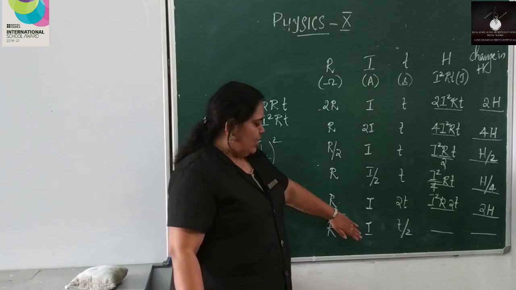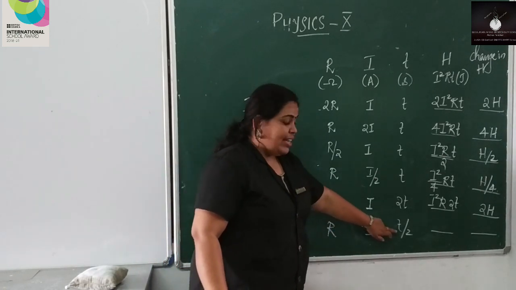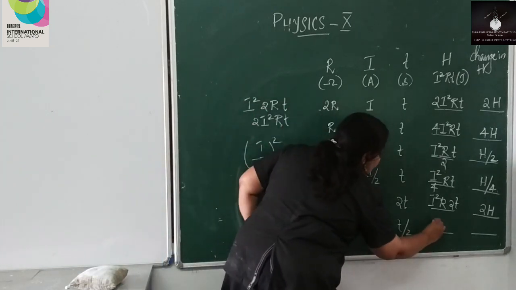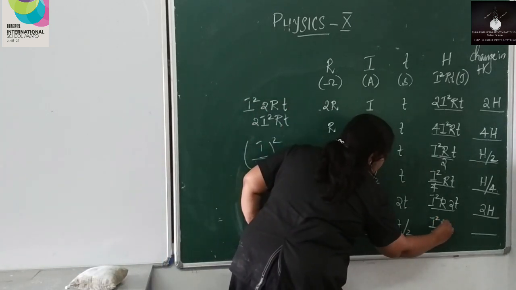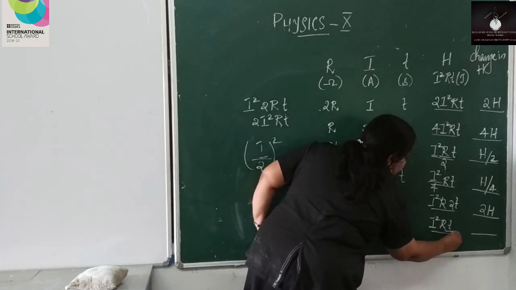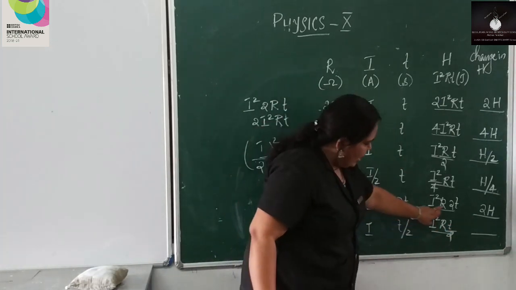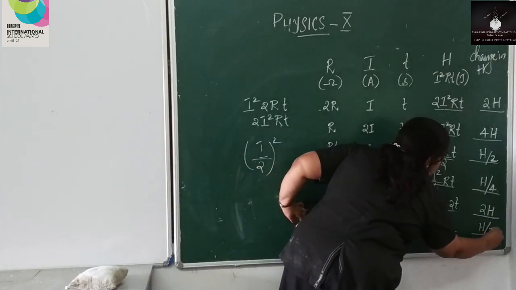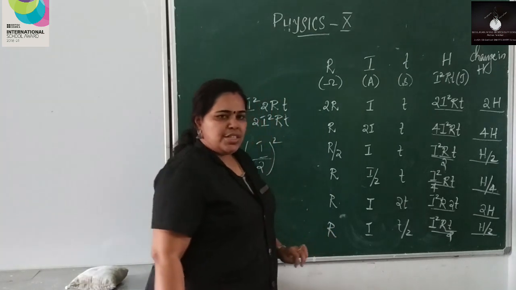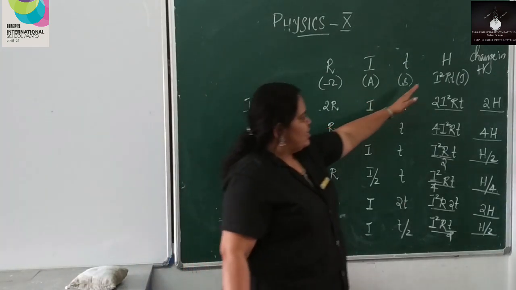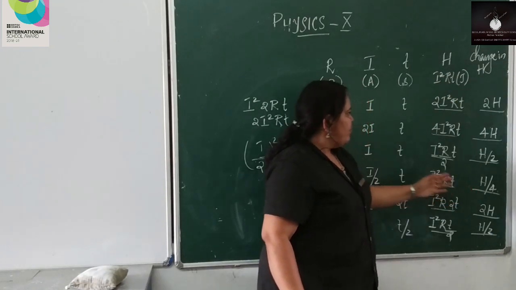Resistance R, current I, and time is T by 2. Time is half. So I square R, and time is T by 2. What is I square RT? H. So H by 2. Understood? Look at this table and just note down the change in heat.